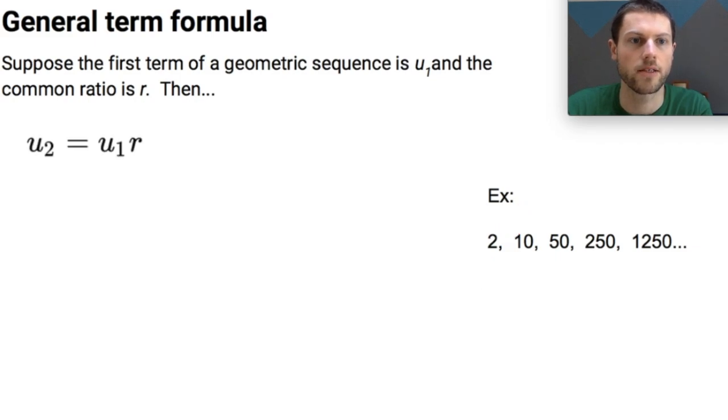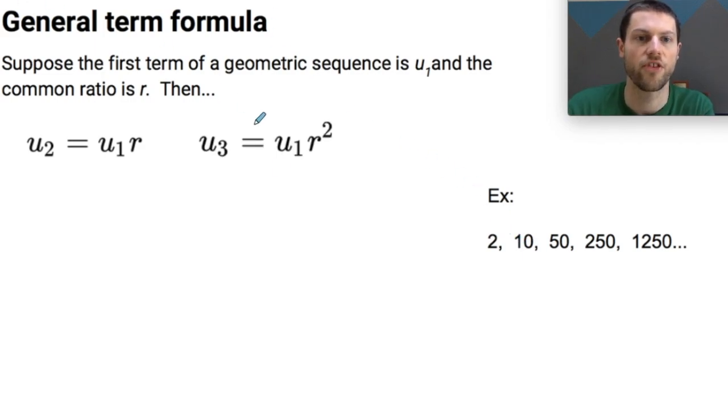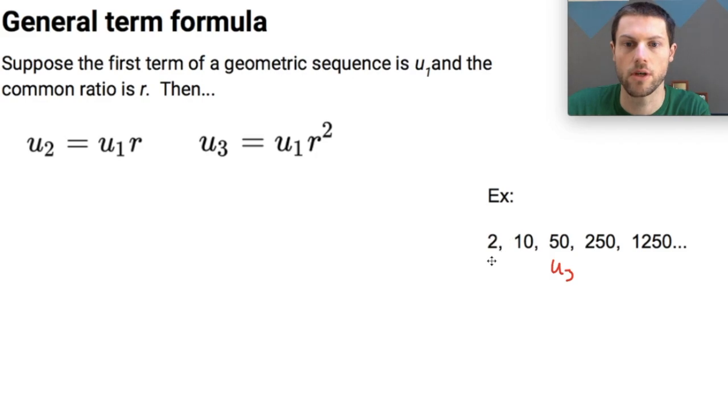So in general, I could say that u sub 2 is equal to u sub 1 times r, and that should make sense, since 10 in my example is 2 times 5, which is my r. I could say then that the third term is equal to u sub 1 times r squared. And let's think about what that means. This third term, u sub 3, is equal to 2 times 5 times 5. Well, that's another way of saying times 5 squared.